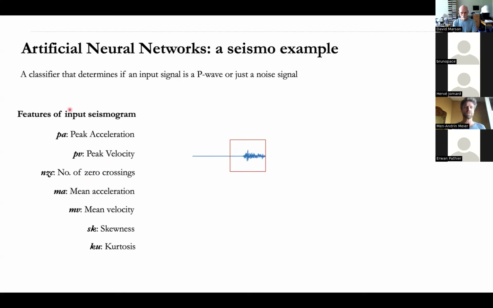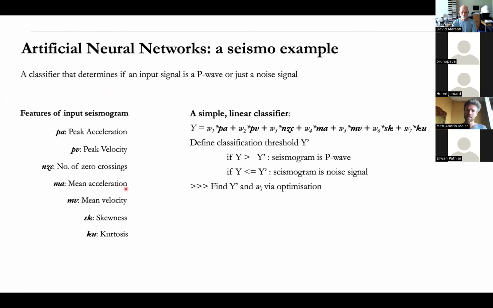There's all sorts of features that you can compute on this, and maybe some of these features or the features together will tell you if this is a P wave or not. And so, for example, you can make a similar linear classifier that computes a value y as just a weighted sum of these different features, so peak acceleration, peak velocity, etc. And the question is, what are these weights, W1 to W7, so that you make the right prediction?